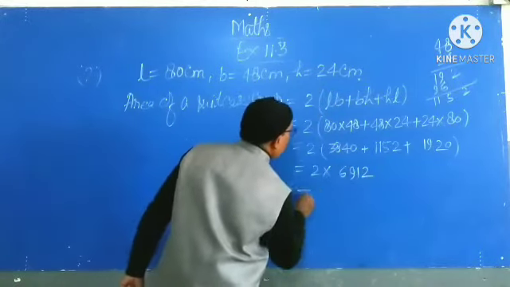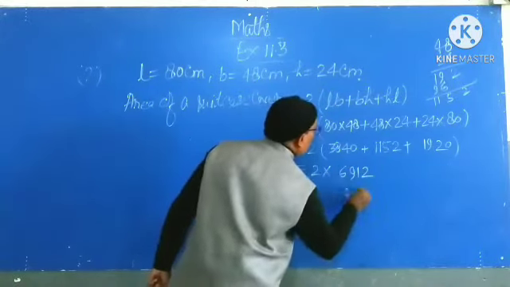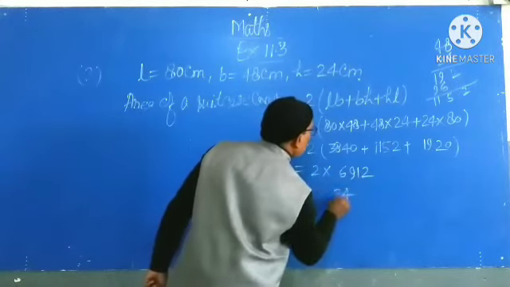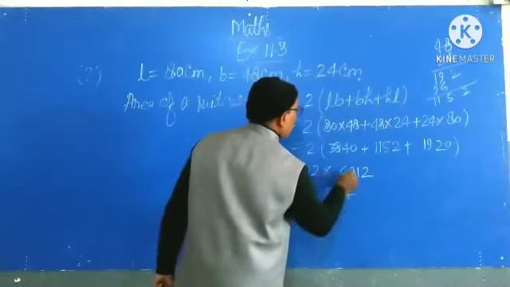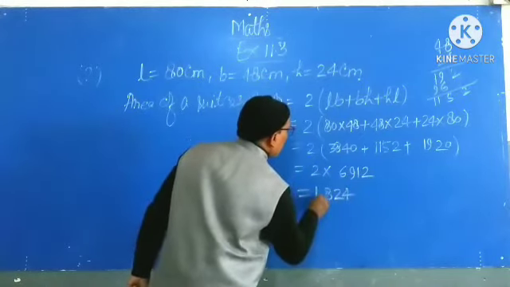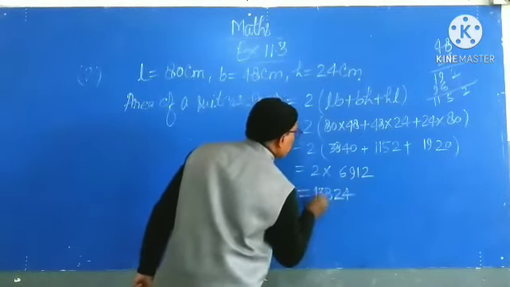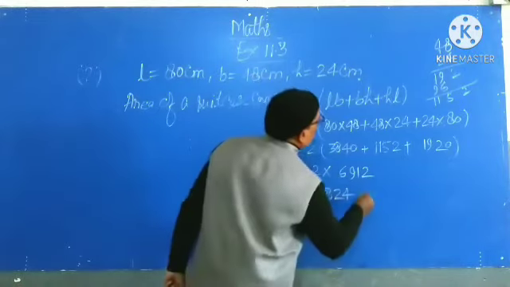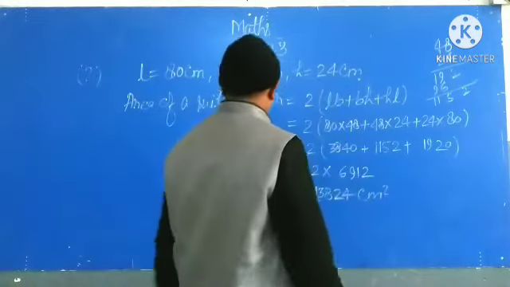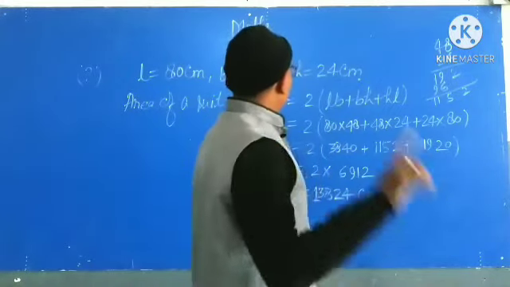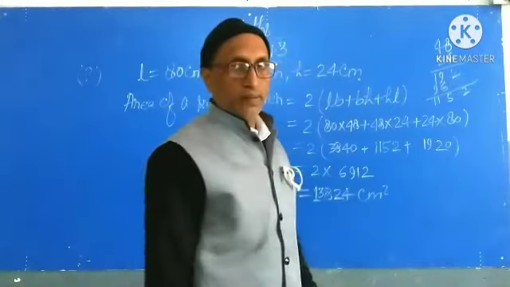Then you multiply it by 2, you get 13,824 centimeter square. This is the area of one suitcase cover.